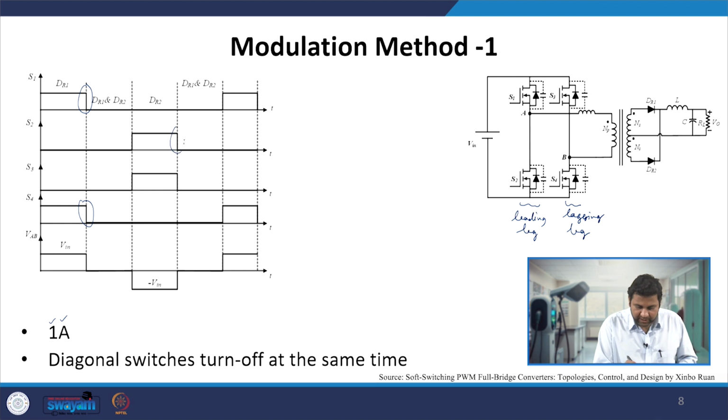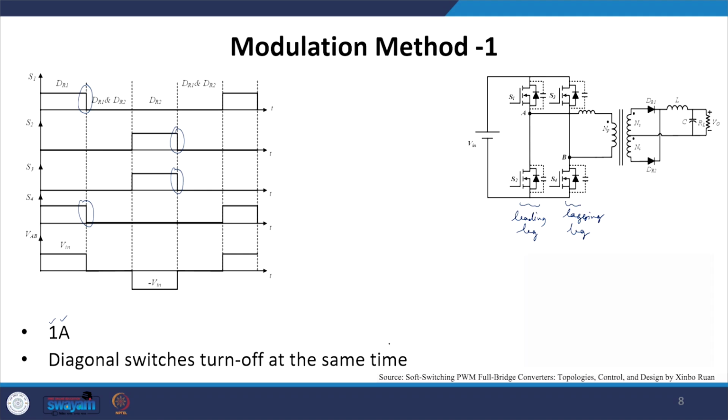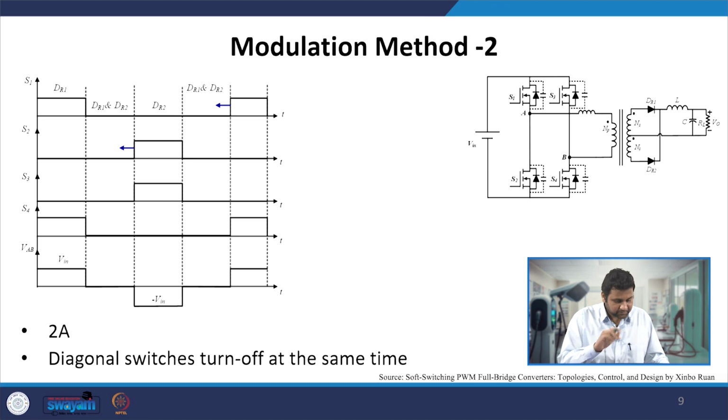Similarly S2 and S3 switches are switched off at the same time. This is another important thing which defines different kinds of modulation. We will see how it impacts. These are the 1A possibilities, method number 1, which has possibilities 1 from the leading lag side and A from the lagging lag side.